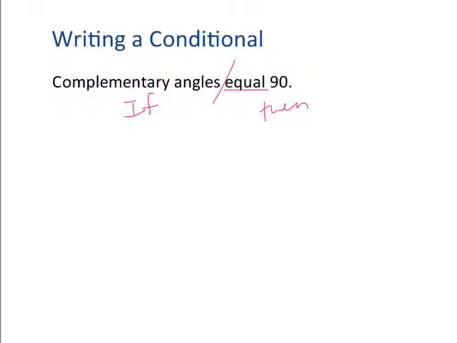So if complementary angles, no. If they are complementary angles, no. I have to describe what I'm talking about. I'm talking about complementary angles. So grammatically, if two angles are complementary, then they equal 90 degrees.